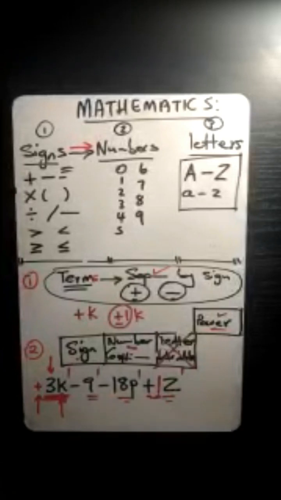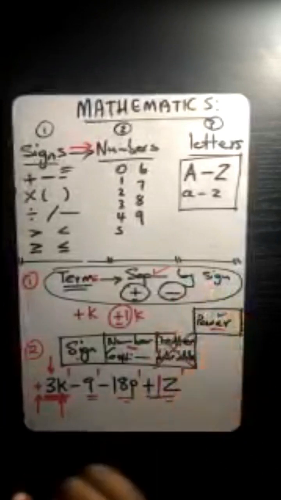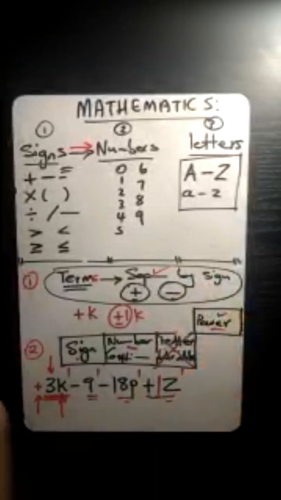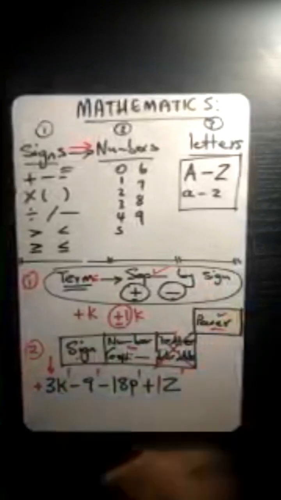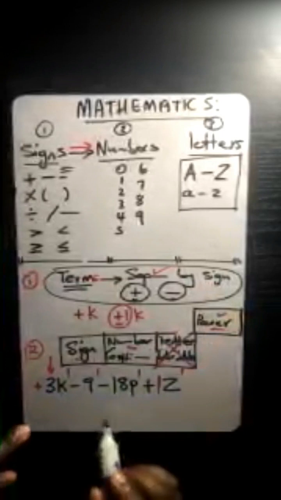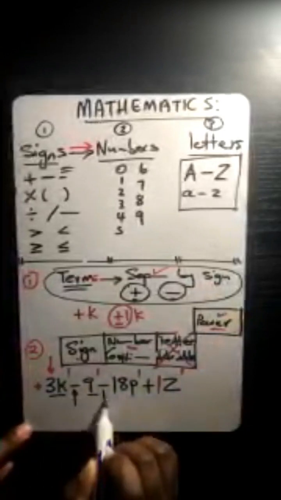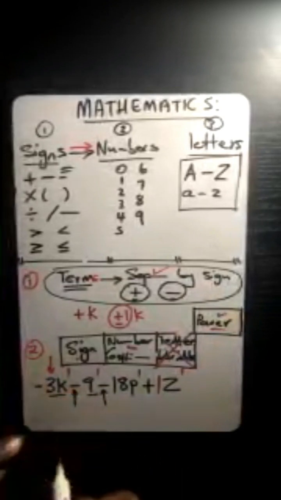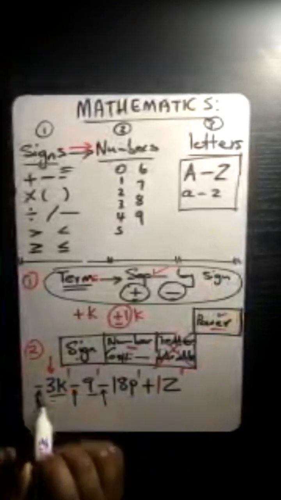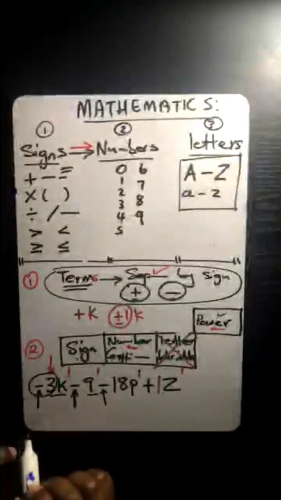What we have just done now, oh, I just remembered something. Let's try to differentiate between a minus and a negative. If you are having two terms, this is called a minus. But if you had this, then this is a negative, and this is a minus, because this is negative 3.